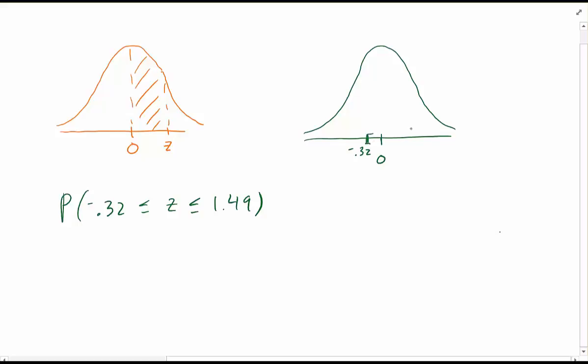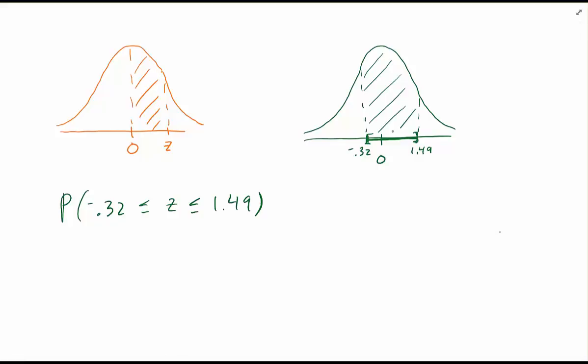And then my interval on the upper end goes to 1.49, maybe about right there. So that's my interval here, and then I want to get the probability of being in that interval, so that's the area under the density function above the interval.